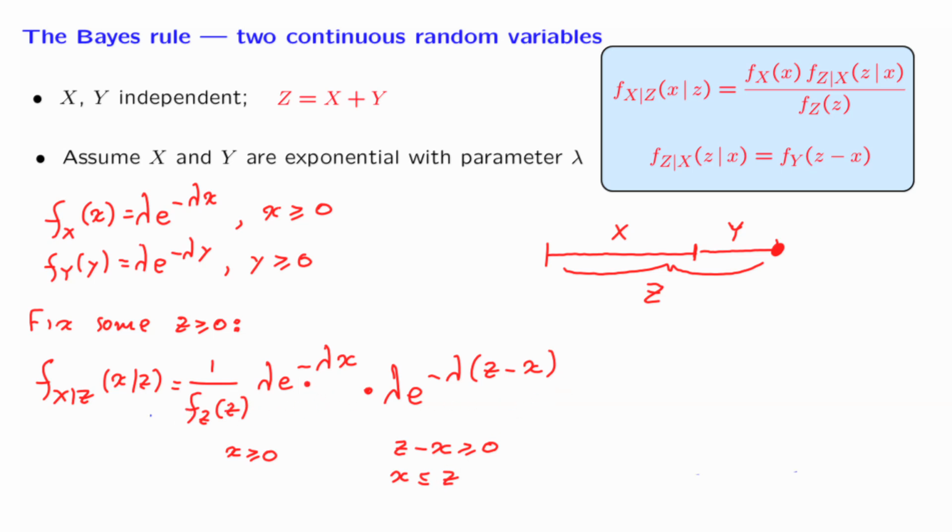Now we notice that we have a term e to the minus lambda x here, and we have a similar term here, but with an extra minus sign. So these two terms will cancel each other, and what we're left with is the following expression.